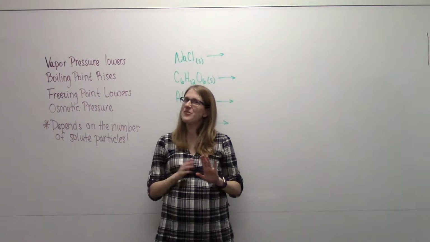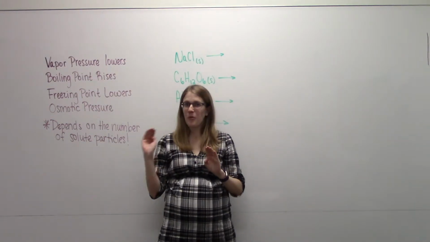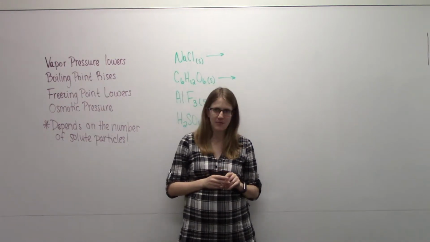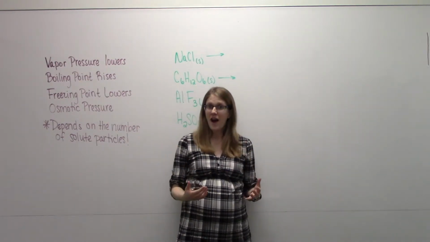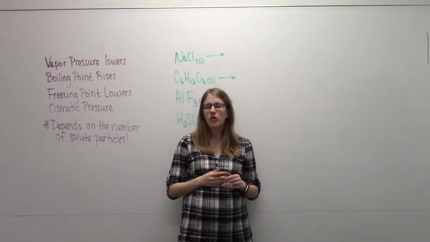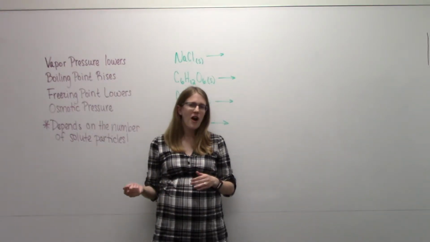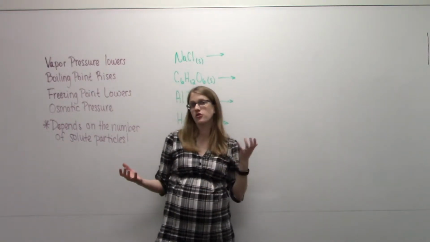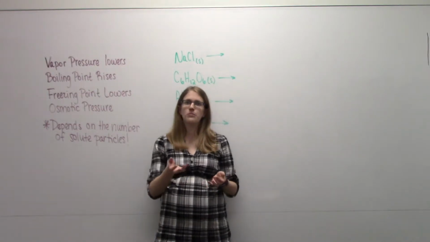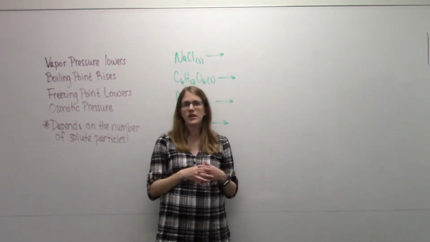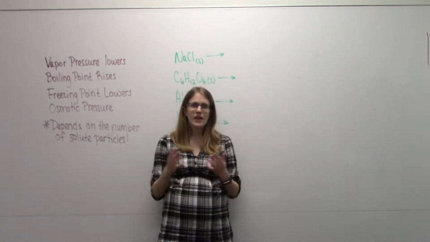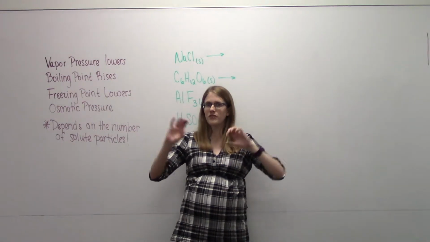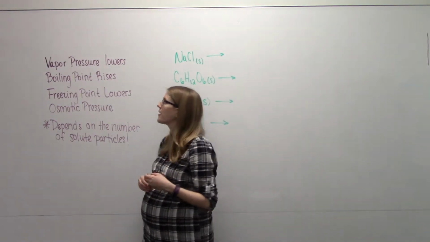So while we're waiting for the ice to melt and we're waiting for the water to boil, let's have a look at the concepts behind colligative properties so we can see exactly why those things are going to happen, and then we're also going to look into why we might end up with different temperatures in our salt solutions versus our sugar solutions versus our tap water, which is as close as we're going to get in this case to pure water. But we know tap water is not actually pure, but compared to all of the solute that I put in the others, it's going to be a lot better.